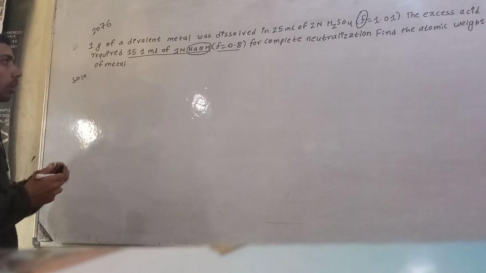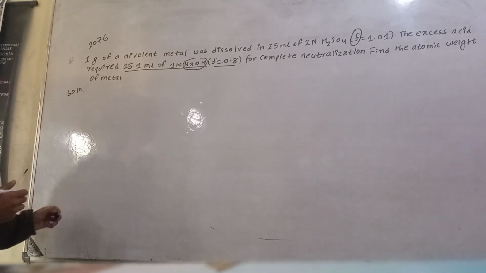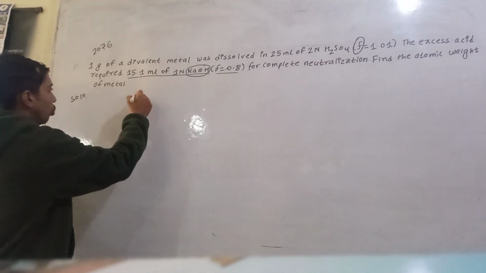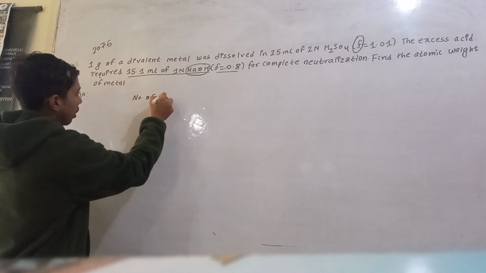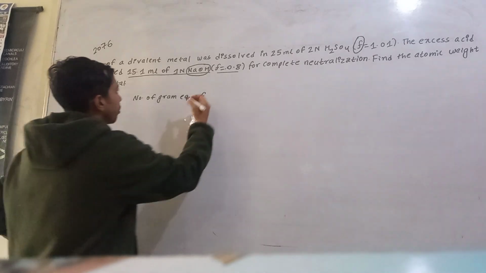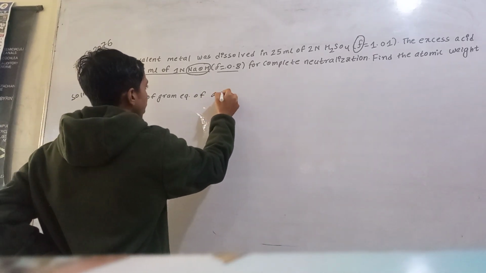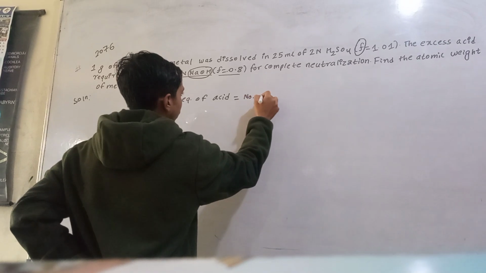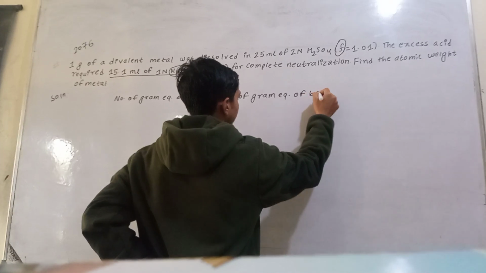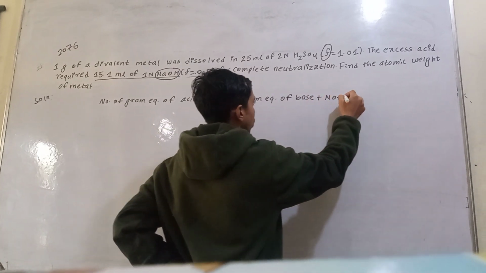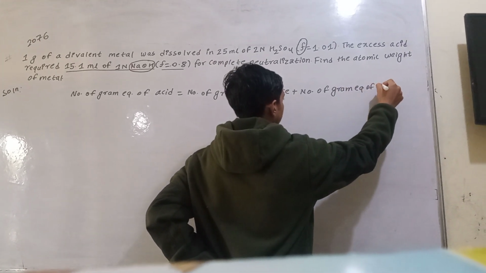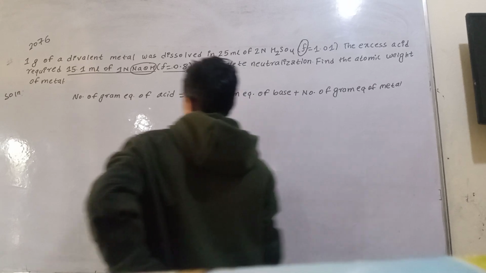So the number of gram equivalent of acid equals the number of gram equivalent of base plus the number of gram equivalent of metal. So we have the formula.